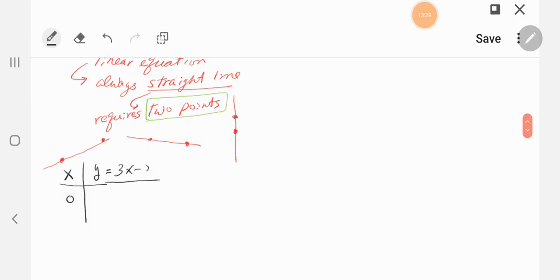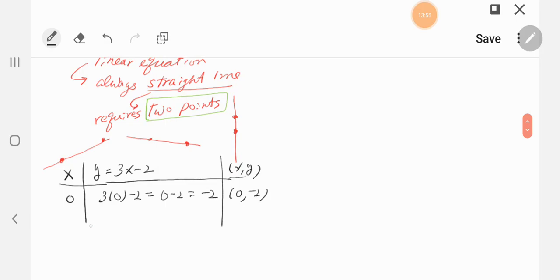When x equals 0, y is 3 times 0 minus 2, which is 0 minus 2, so negative 2, right? That's the y value. So the ordered pair is x equals 0, y equals negative 2.